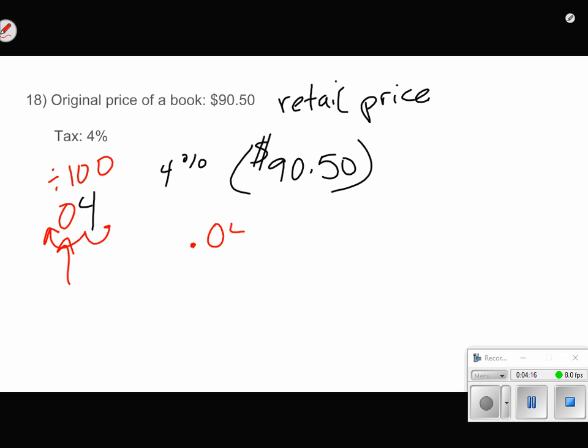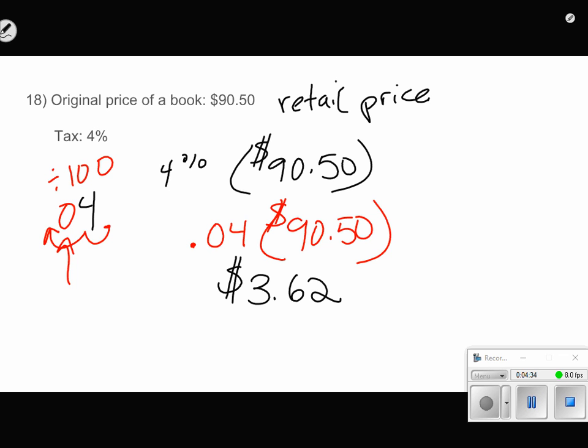So 4% is the same as decimal 0.04. And then I'm going to type into my calculator 0.04 times 90.5, and we get 3.62 or $3.62.